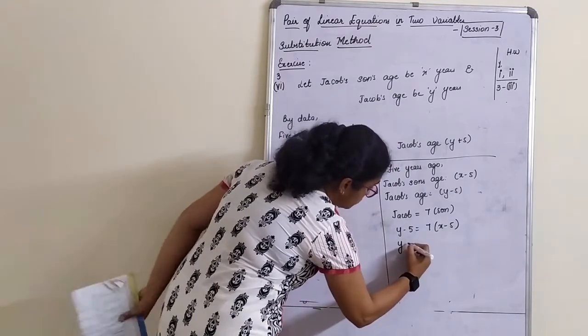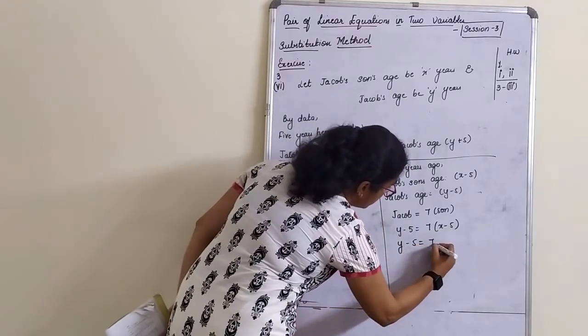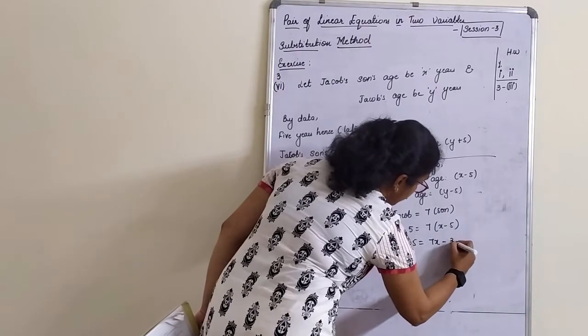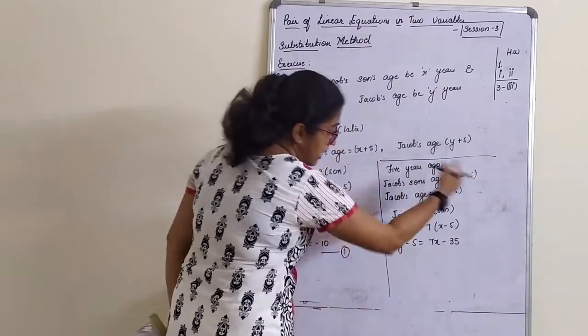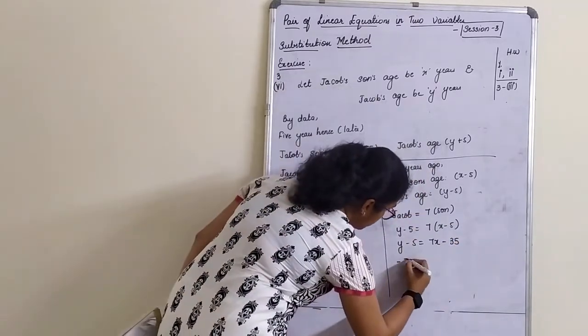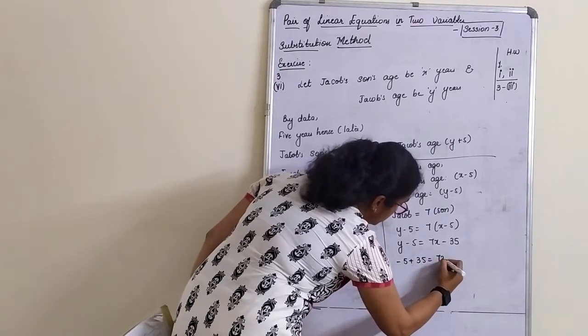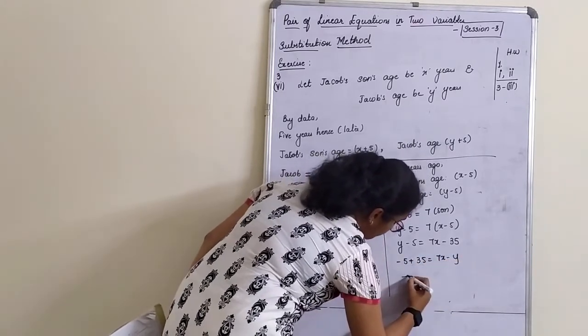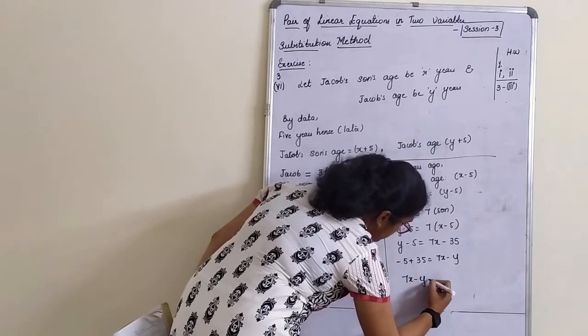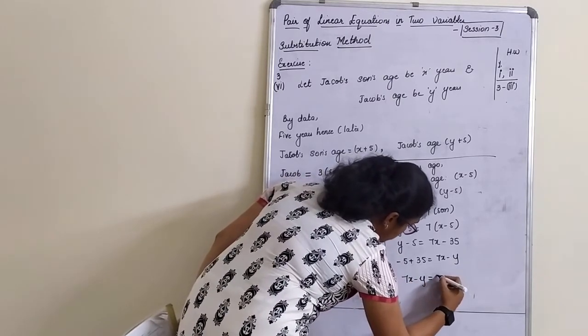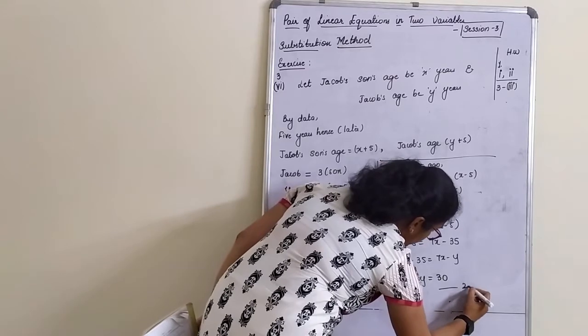So this is y minus 5 is equal to 7x minus 7 5s are 35. I shift y term here. Minus 5 plus 35 is equal to 7x minus y. 7x minus y is equal to 30. Equation 2.